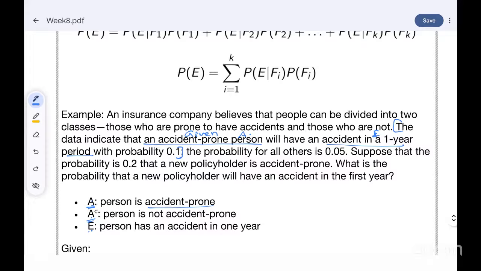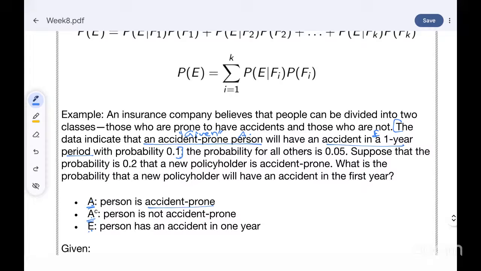Probability of A intersection E? Not and. This is given. No, I have used the word given. So you should understand from that. Probability of E given A. Exactly. So the 0.1 is probability of E given A.